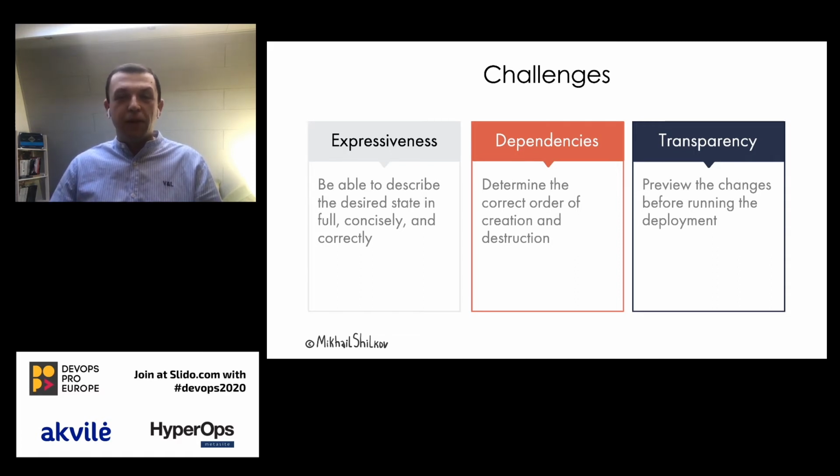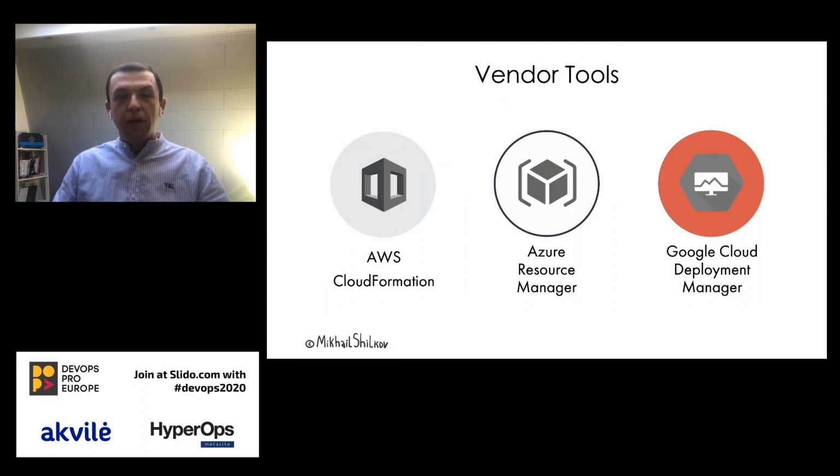And because those two are never perfect, actually, it should also be transparent about what it's about to do. So let's say you described your infrastructure, but you also already have an environment. Before any changes happen, ideally you would see the exact plan that the tool figured out for you. And if something is wrong there, like it's trying to delete a database or whatnot, then you would stop it and make corrective actions.